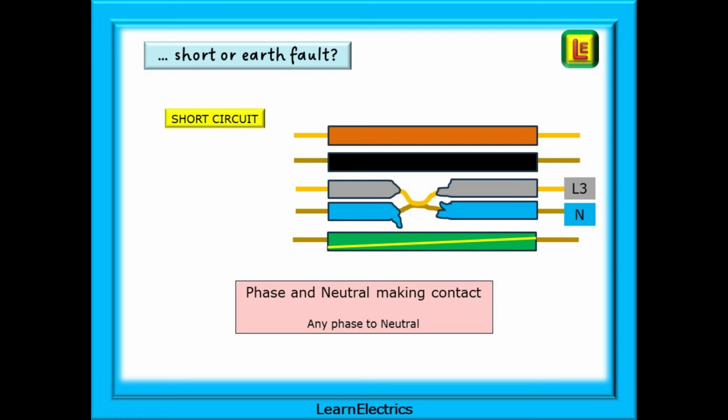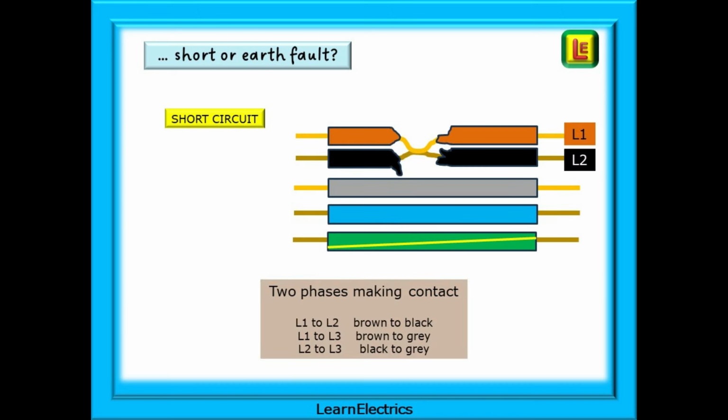Shown here is a short in a three-phase system between L3 and neutral, or you may call it phase 3 and neutral, in fact any phase to neutral, or in a three-phase system between any two phases, shown here as L1 and L2, brown to black.